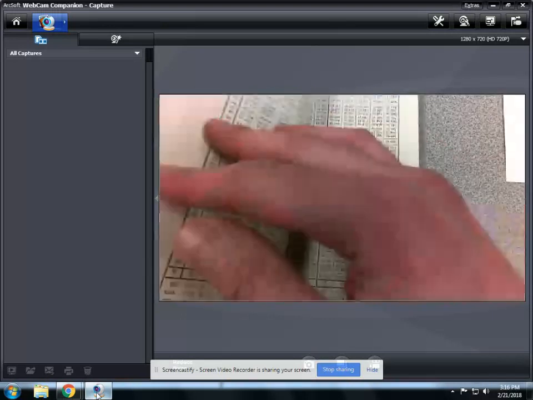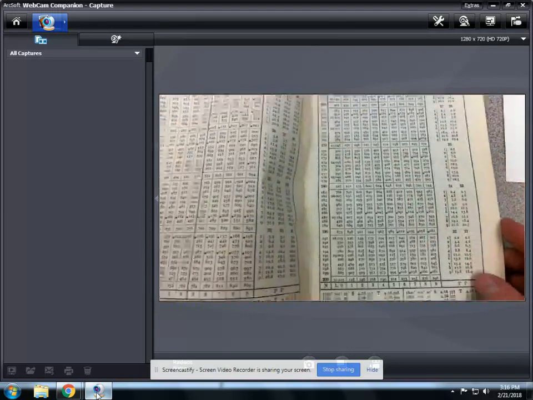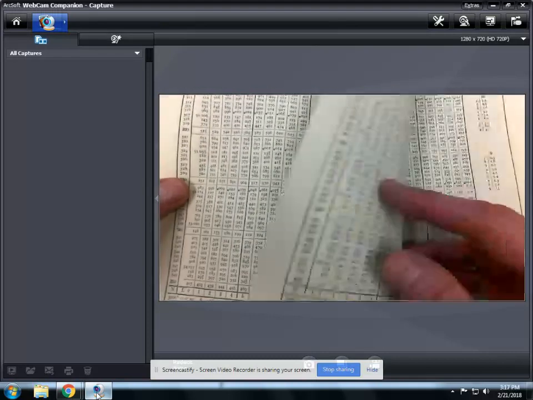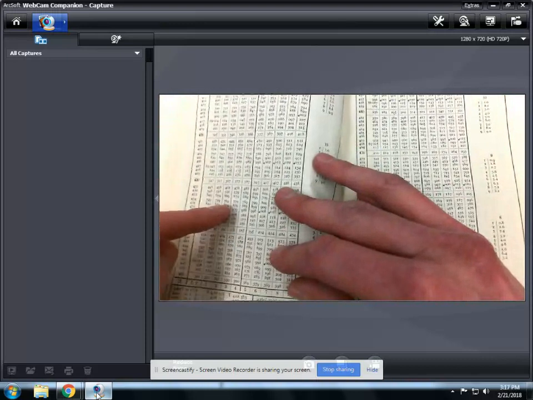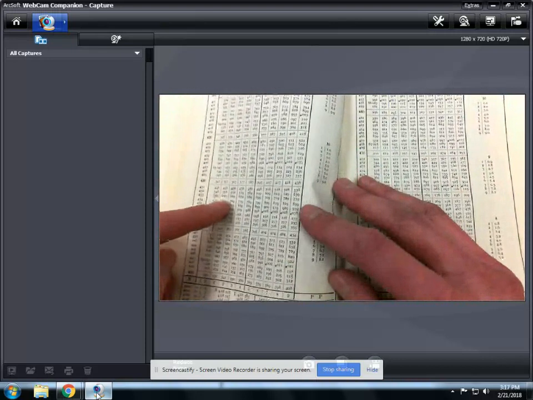In this book, it's just a whole bunch of logarithms, logarithms and logarithms, and a whole bunch of numbers. So you would find your number, and you would find the logarithm of that number, base 10, or base whatever it is.